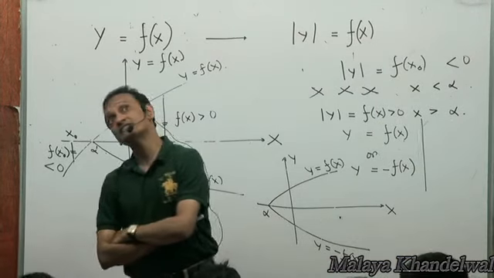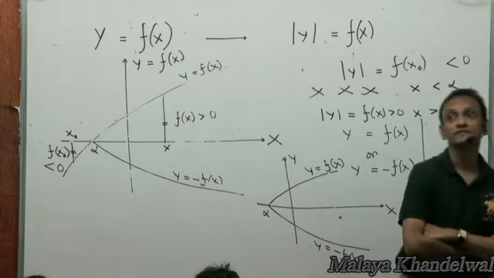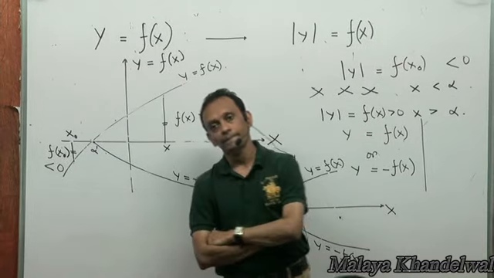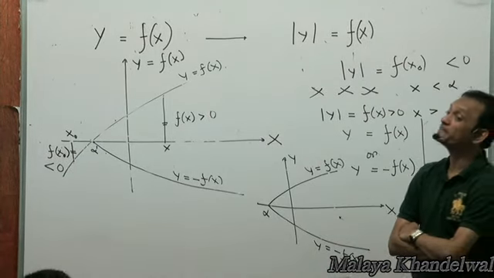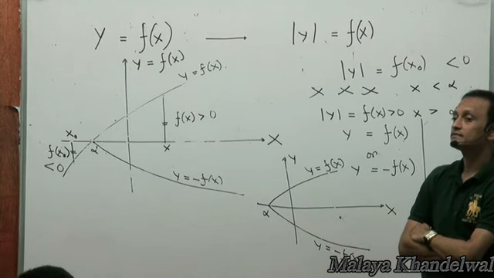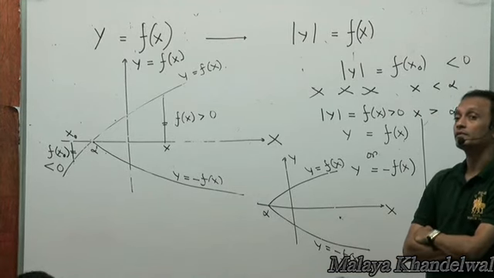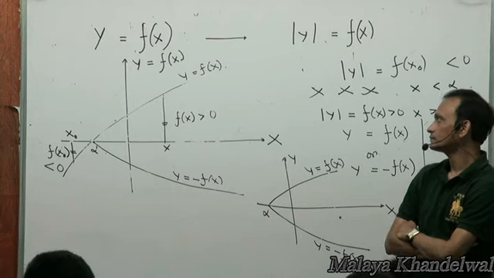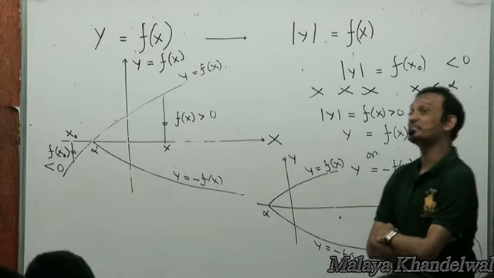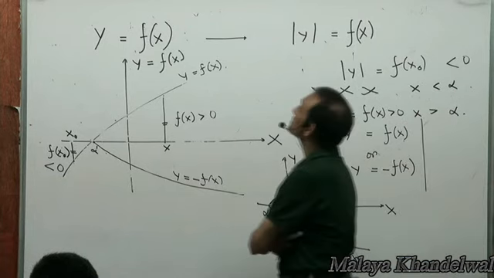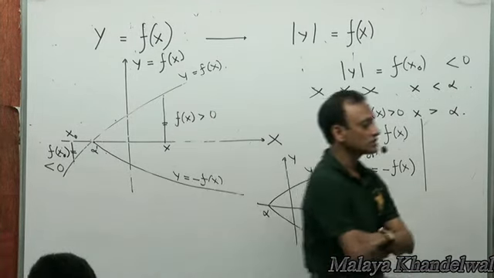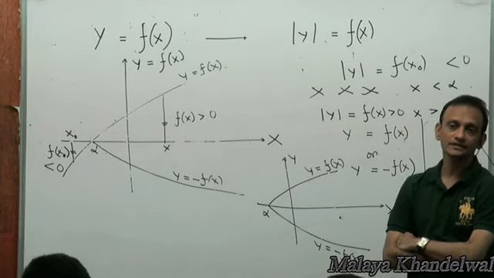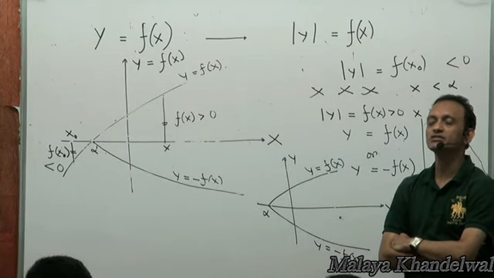The portion of f(x) which is non-negative has to be retained, and its reflection about the x-axis needs to be added.